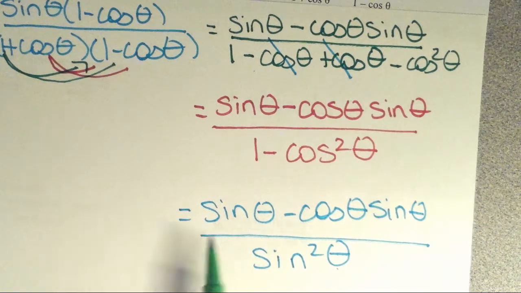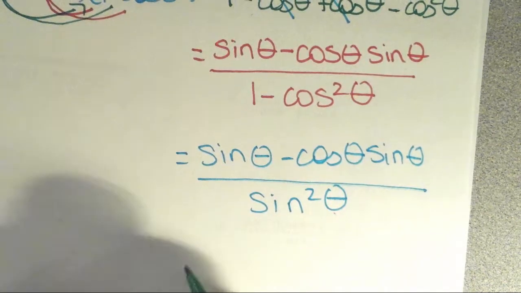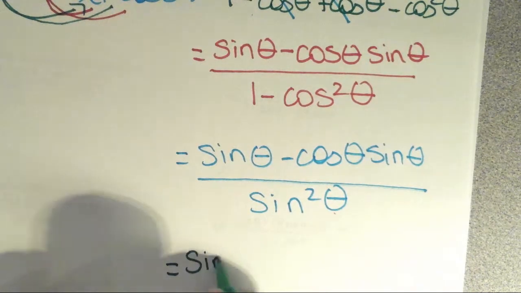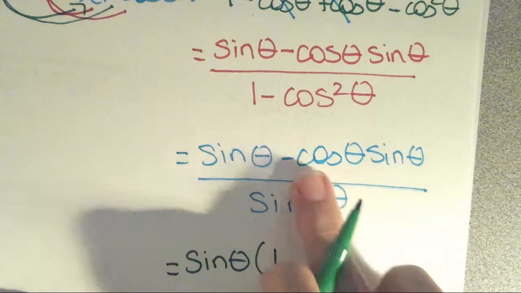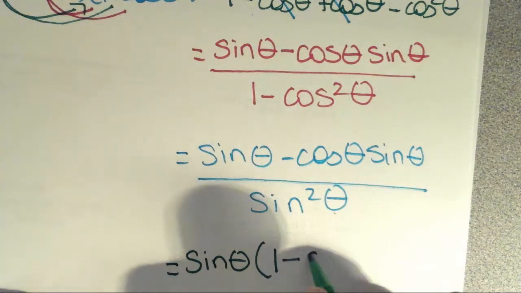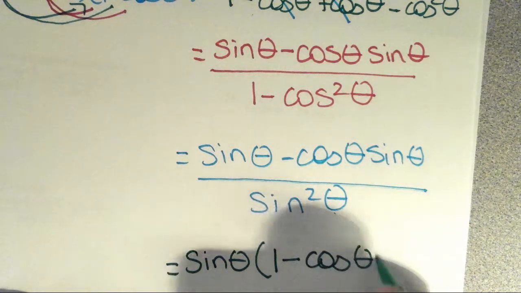Now we can see that I've got a sine, sine, and a sine. So I'm going to factor out the word sine. Sine will go into sine once. Sine will go into cosine sine once, and I'm left with cosine.